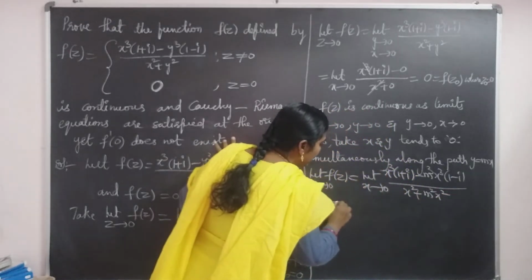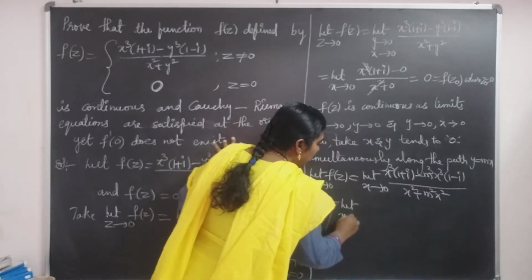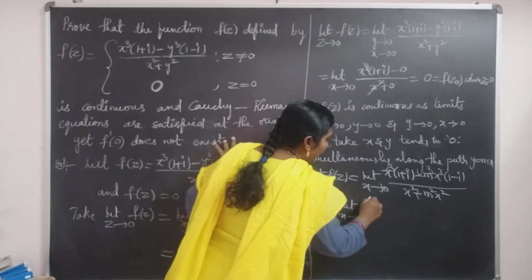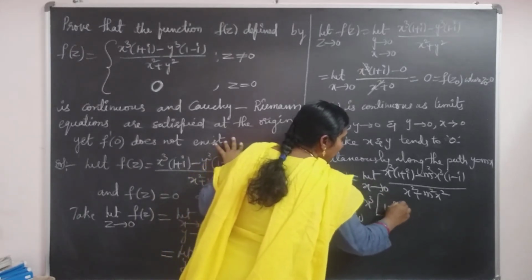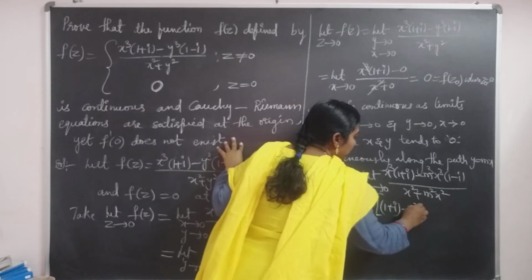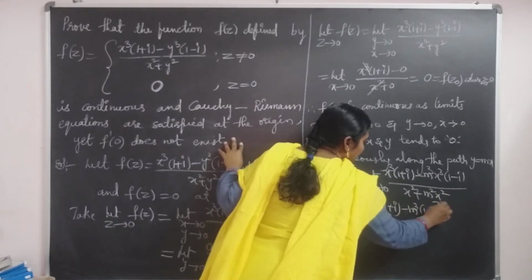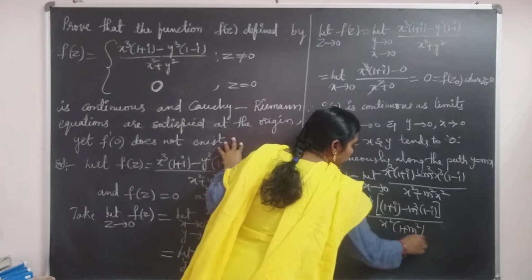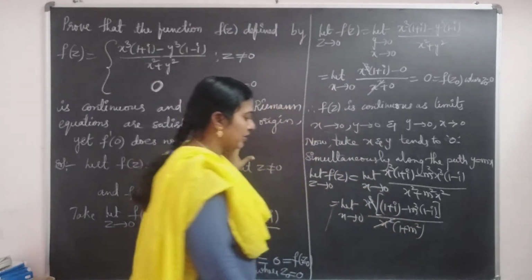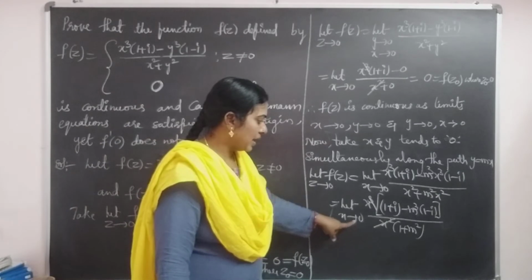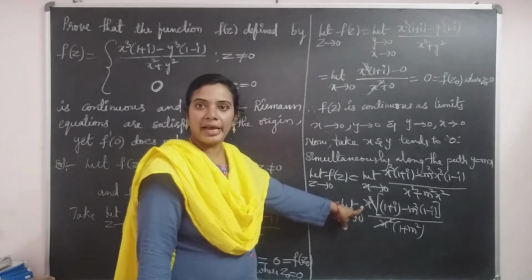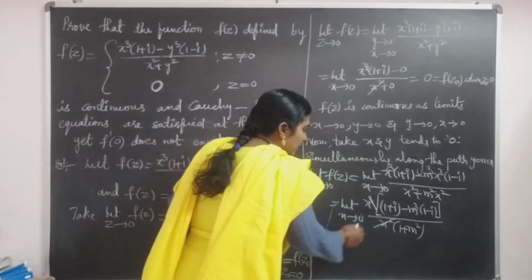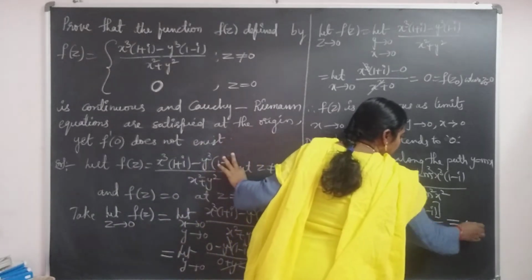In the numerator, taking common x cube, 1 plus i into minus m cube, 1 minus i by x square into 1 plus m square. This x square gets cancelled. Now we apply the x limit. In the numerator x is there, then this limit value is equal to 0.